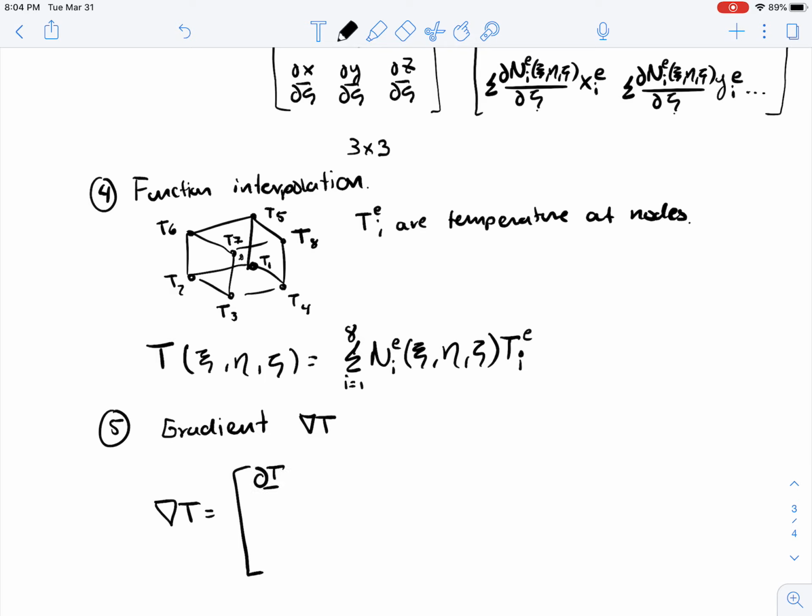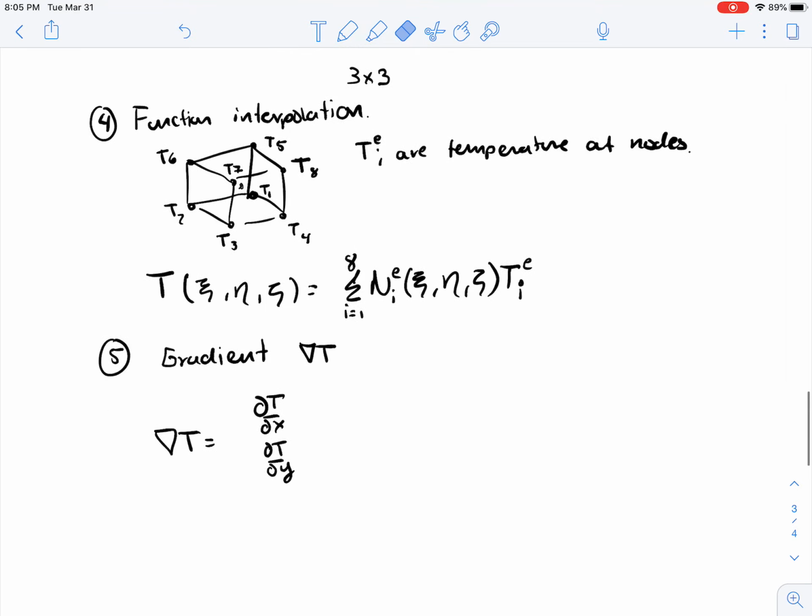Basically what I showed in that video is the partial derivatives with respect to x and y, I did it in 2D, so just x and y. Here we have 3D, but you can imagine that this is exactly the same as before. So you need to do the chain rule. You need temperature with respect to psi eta zeta, and then derivative of psi eta zeta with respect to x, y, z, and that is the inverse of the Jacobian.